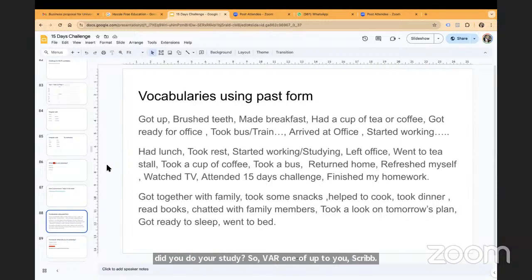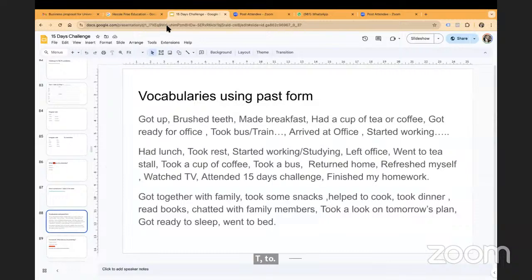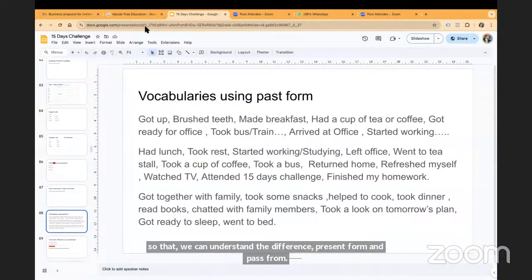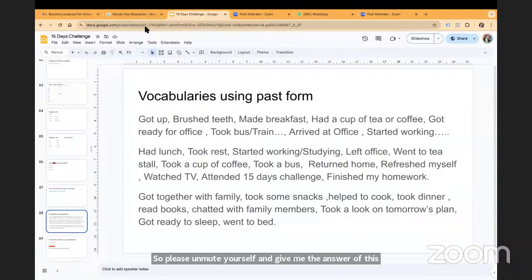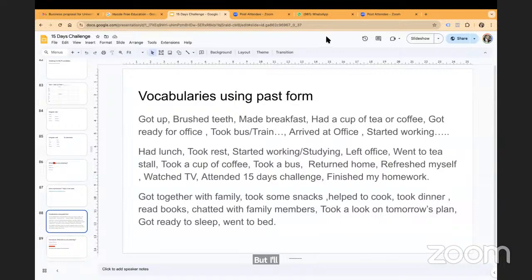I had some snacks. Quality time with the family. In the meantime it was ready for dinner. We finished dinner together. After dinner I helped to wash the dishes, then I took time for bed. I took a look at tomorrow's plans.